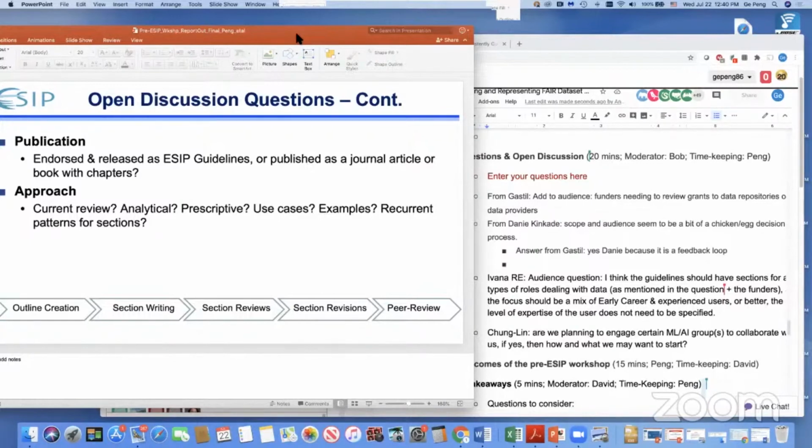So when applying the assessment, this would happen at a repository level or a data curation facility. Is that a fair statement?